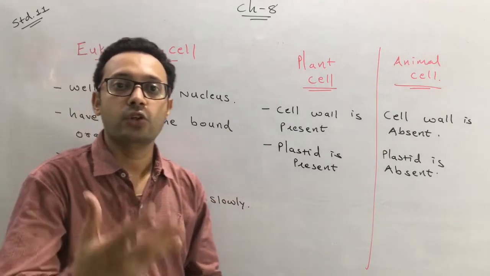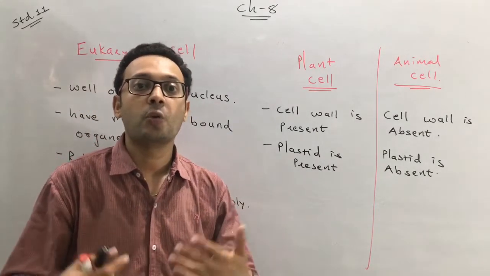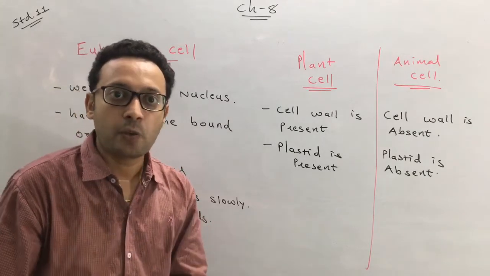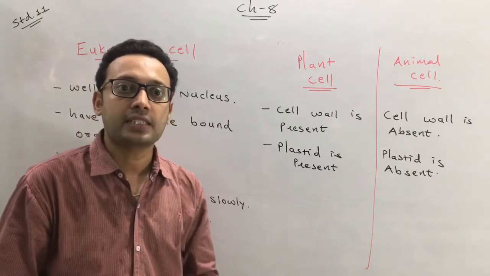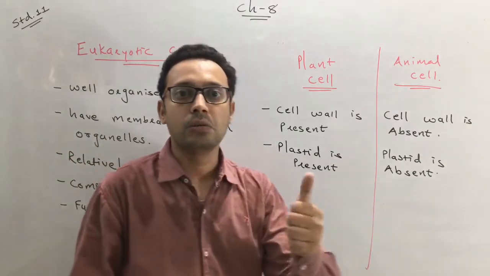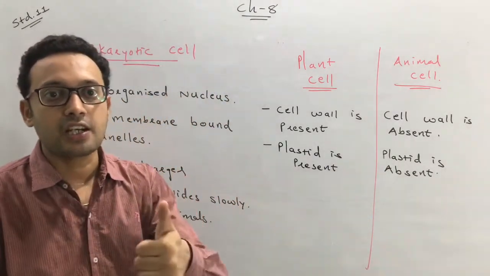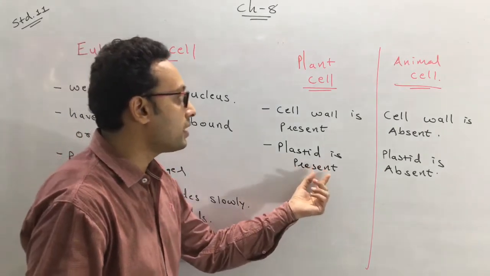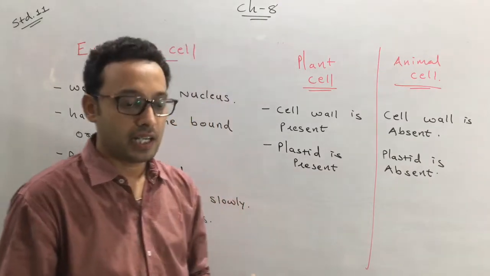I give you one example of a plastid: chloroplast. Chloroplast is an example of a plastid. That chloroplast can be found in a plant cell, but can you find this chloroplast in an animal cell? No. The chloroplast cannot be found in an animal cell. So plastids are present in plant cell, they are absent in animal cell.